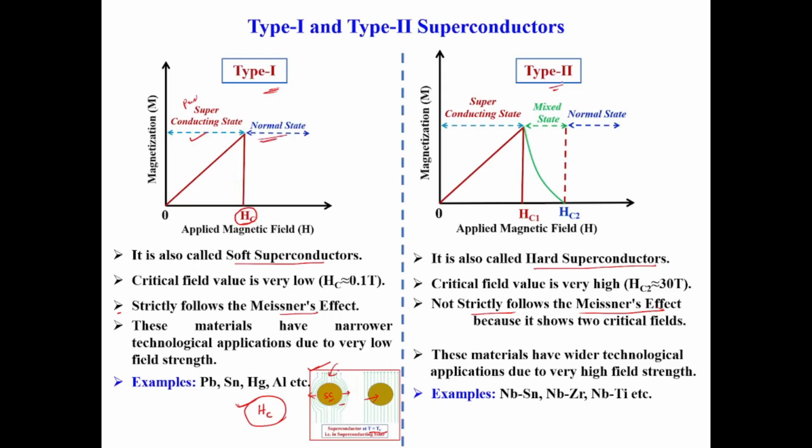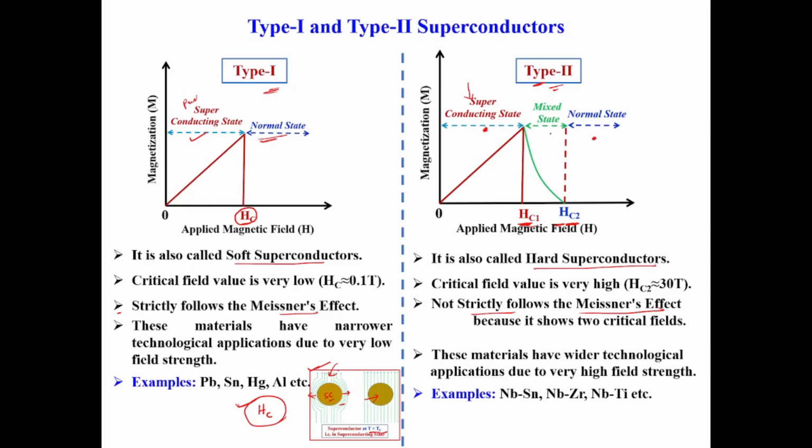But in the case of type 2, it does not transition sharply to the normal state; it transitions slowly from Hc1 to Hc2. Up to Hc1, the superconductor is in the superconducting state. From Hc1, critical magnetic field 1, to Hc2, critical magnetic field 2, it slowly transitions from the pure superconducting state to the normal state.